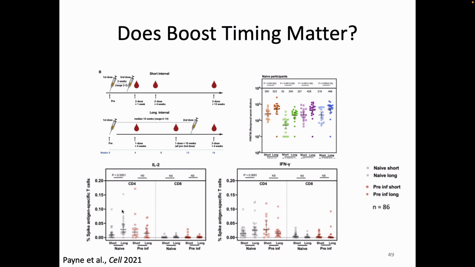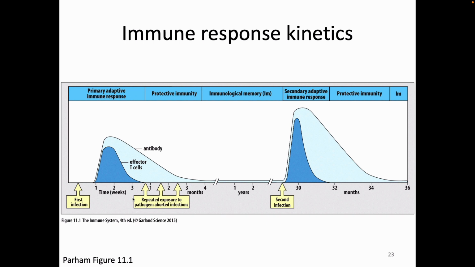And the piece of data that I have found the most convincing for boosts, and again, like I said, I'm sort of on the fence on them, is the information that says, yeah, when you get to a boost, you're actually here. You're actually at this place where you have the good memory responses and you can make the pretty immunology graph. You're not in this abortive infection phase anymore.